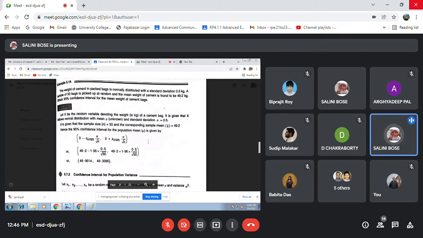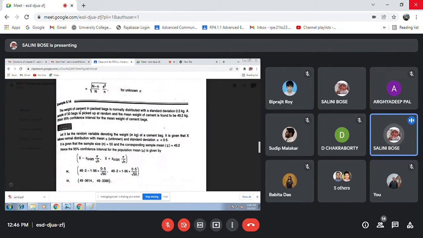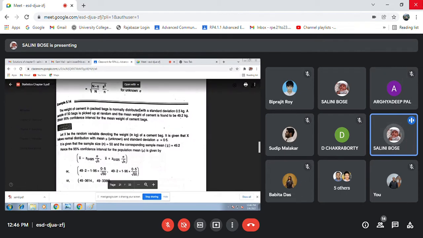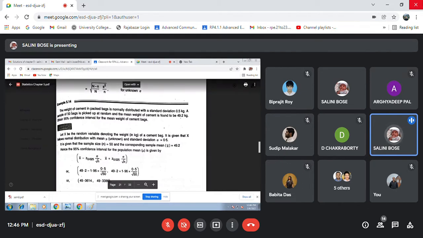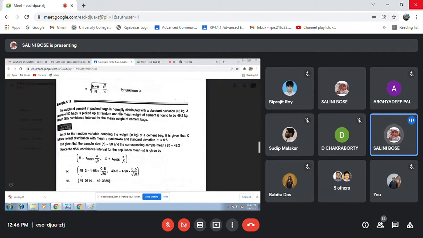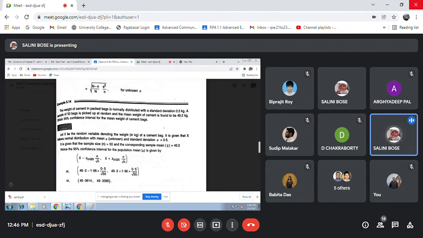And here an example is given. See, the weight of cement in packed bags is normally distributed with a standard deviation of 0.5 kg.